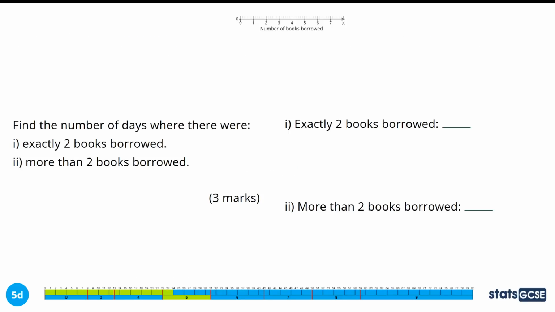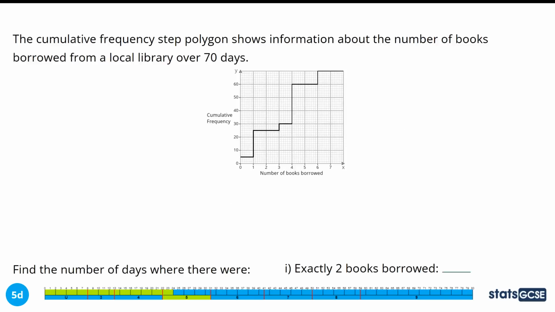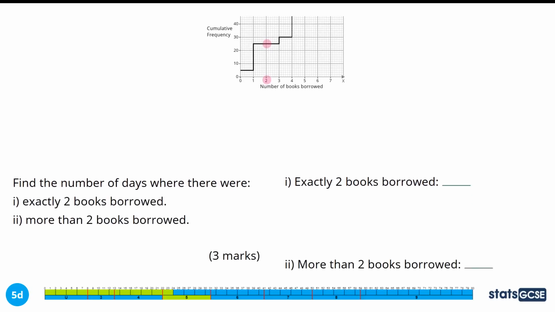Find the number of days where there were exactly 2 books borrowed, more than 2 books borrowed. If we look at the cumulative frequency step polygon for 2 books borrowed, notice that it doesn't go up at all. Therefore, for exactly 2 books borrowed, it's going to be 0.